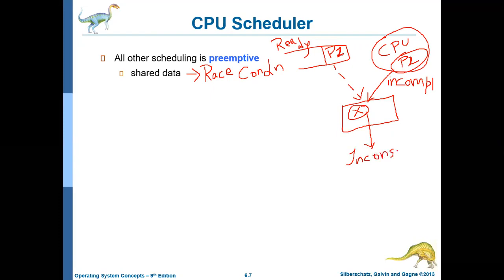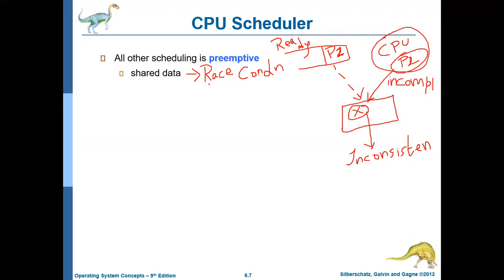So this issue is called a race condition. Race condition means that if two processes are using a shared resource, and one of the processes is currently writing into the shared resource, and during that time a context switch happens and the write is incomplete, then when the other process comes and checks that shared memory, it will find the data to be inconsistent.